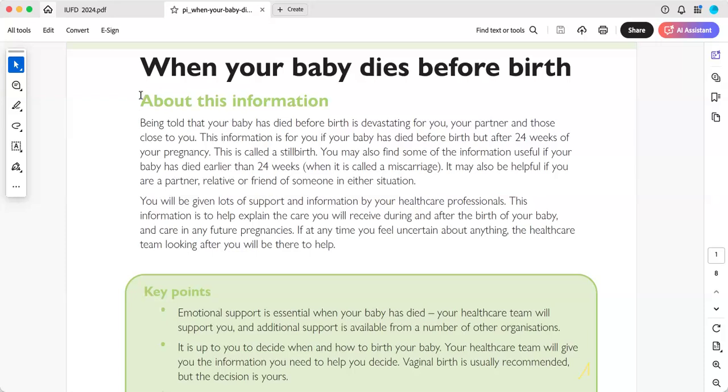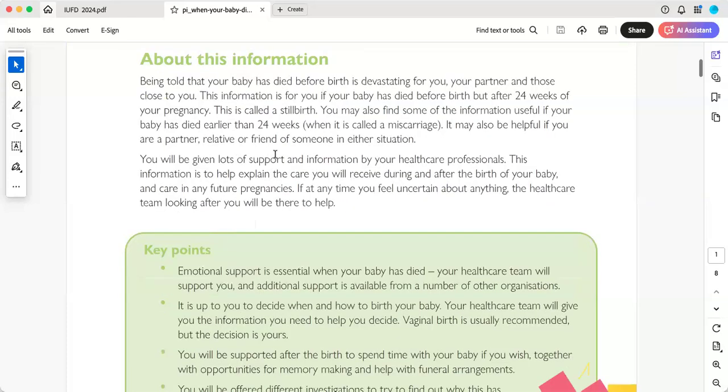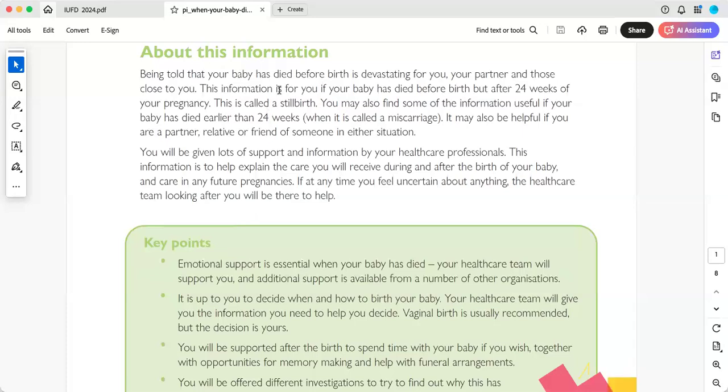So about this patient information leaflet: being told that your baby has died before birth is devastating for the mother, for the partner, and also for other loved ones. This information leaflet is for a patient whose baby died before birth, but after 24 weeks of pregnancy, which is called a stillbirth.